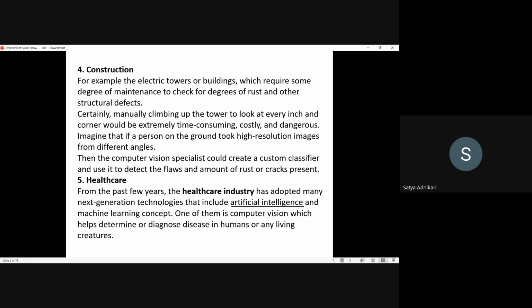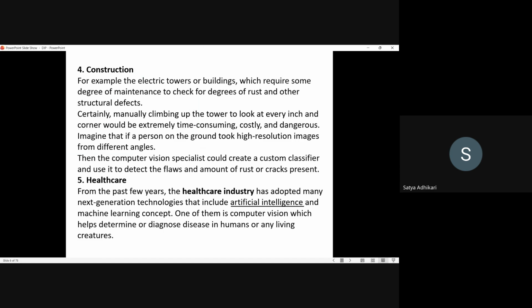Construction. For example, electric towers or buildings require some degree of maintenance to check the degrees of rust and other structural defects. A high electrical tower or building needs maintenance from time to time, so we have to check the degrees of rust or other structural defects in it.